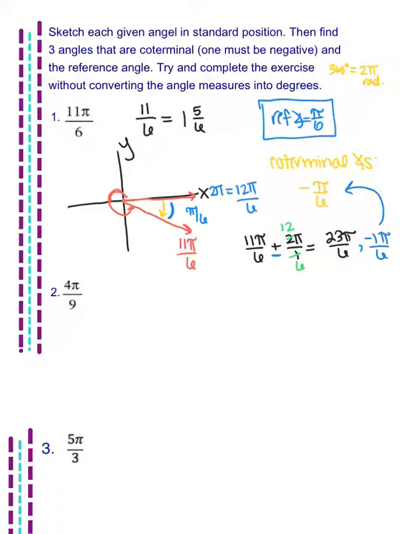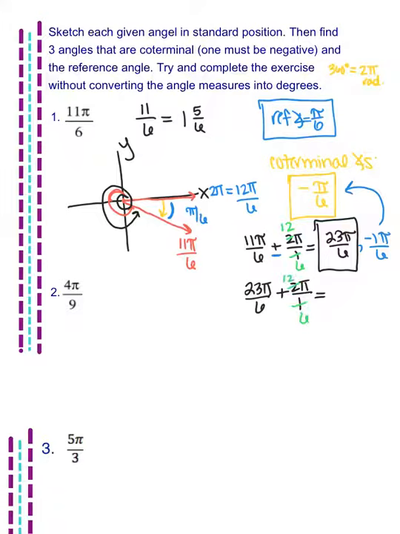So that 23 pi over 6 would mean go around, that's 2 pi, and then go around the 11 pi over 6. If I wanted to get another one, so let me box that. If I wanted to get another set, I could take that 23 pi over 6 and add 2 pi again. So again, you need a common denominator.